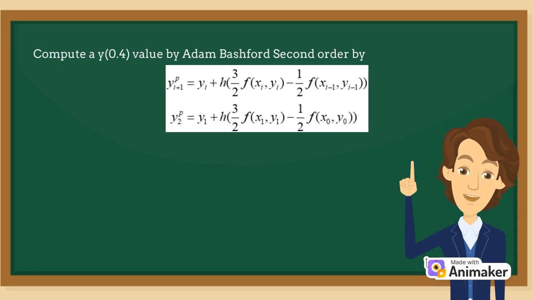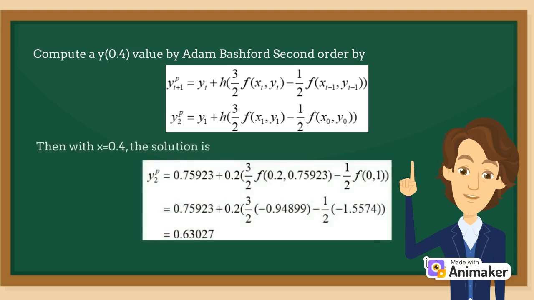Then, these 2 functions and y1 are substituted in the Adams-Bashforth equation to compute y2. As a result below, when x equals 0.4, the Adams-Bashforth predictor method gives us the solution y2 equals 0.63027. We may get a better result if we compute the Adams-Moulton corrector method. However, the discussion here prioritizes the use of the Runge-Kutta method on numerical calculation only.